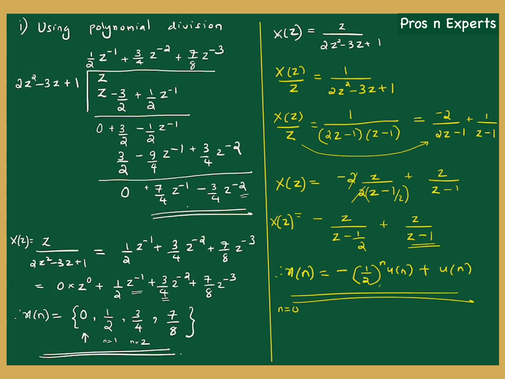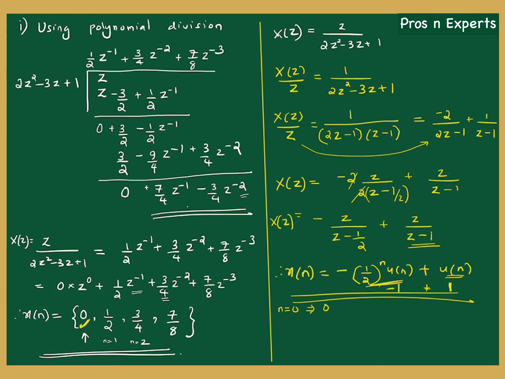U of 0 is 1, and anything raised to 0 is 1, so minus 1 plus 1 will give you 0. The first term at n equal to 0 is giving you 0.